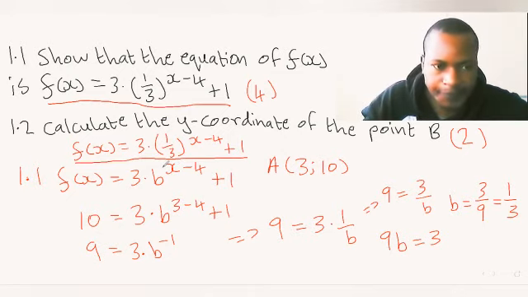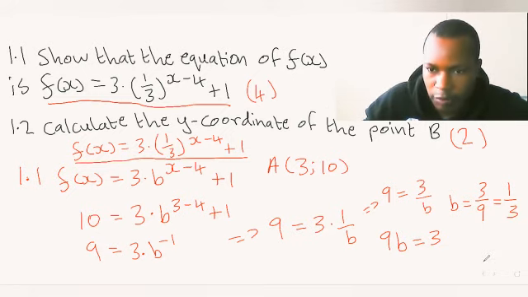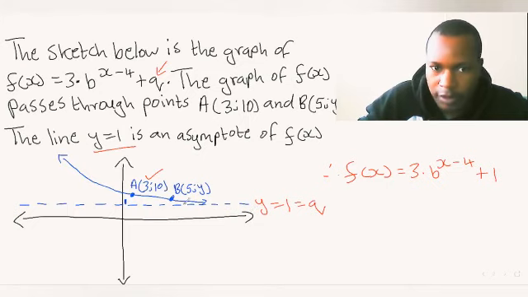So now, gents, that was 1.1. I would like us to move on to 1.2. 1.2 wants us to calculate the y coordinate of the point B. So now just going back to point B, it was (5; y).